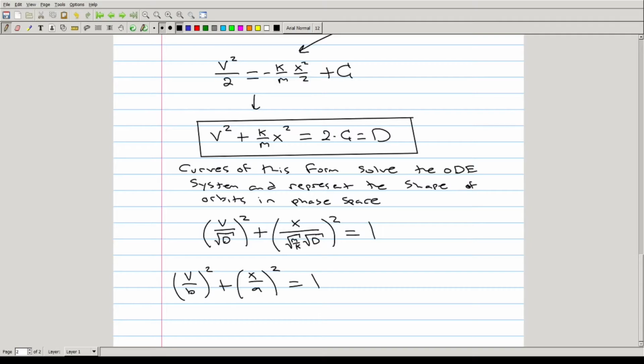Let's take a look at what some solutions look like, and I'll just do two different initial conditions for one set of parameter values. We'll do k equals 1 and m equals 2.